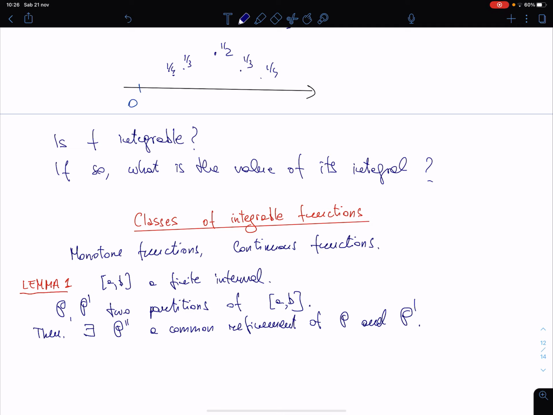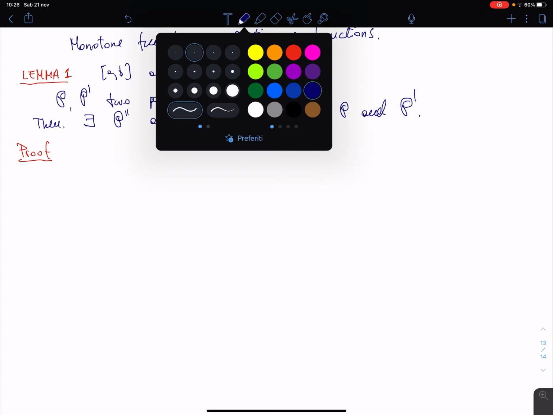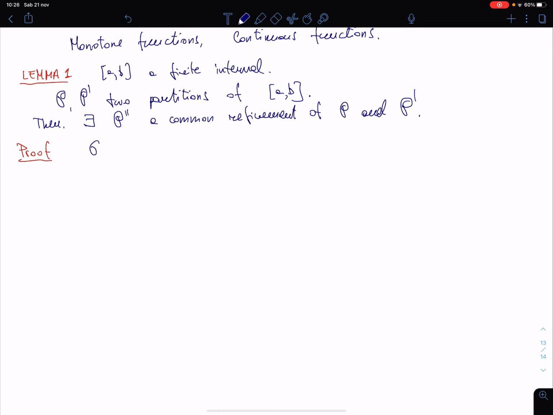And the proof is immediate. The proof is simply that you just take P second to be the union of P and P prime. So P second contains P and P prime, and so it is a simultaneous refinement of both.